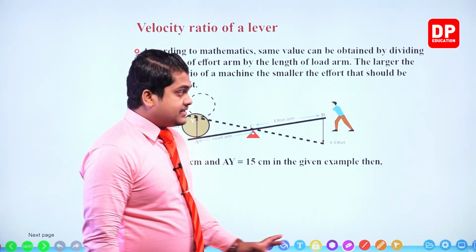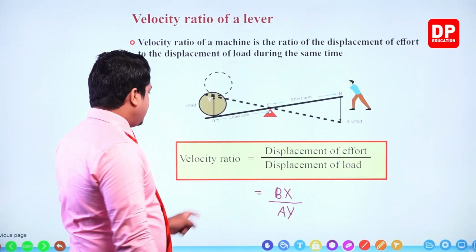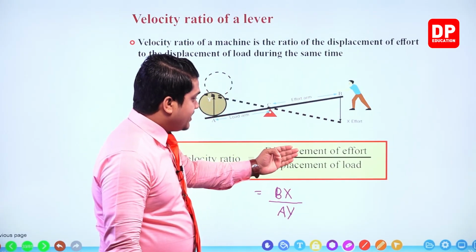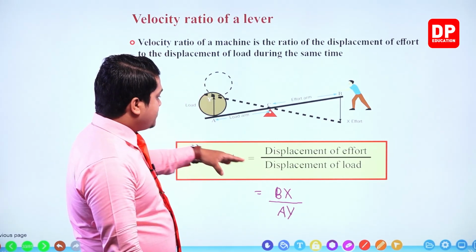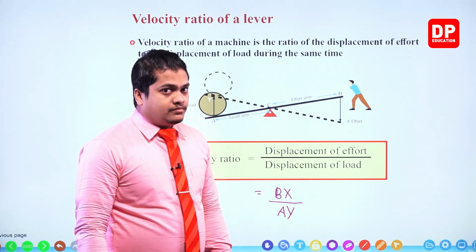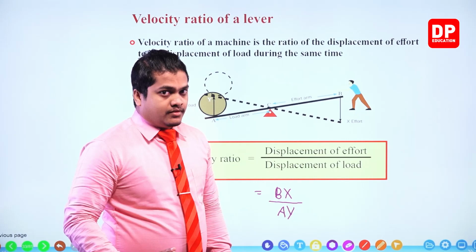Earlier we discussed the velocity ratio. See, earlier, velocity ratio equals the displacement given out by the effort divided by the displacement given out by the load, right? This is the first and foremost one.